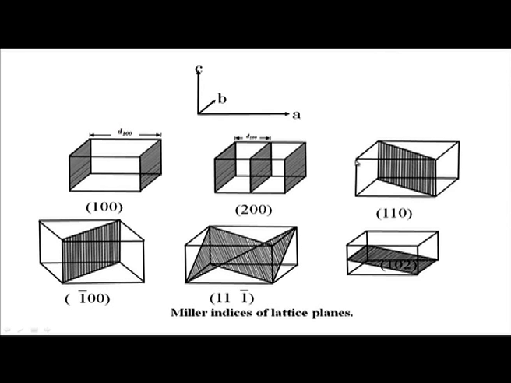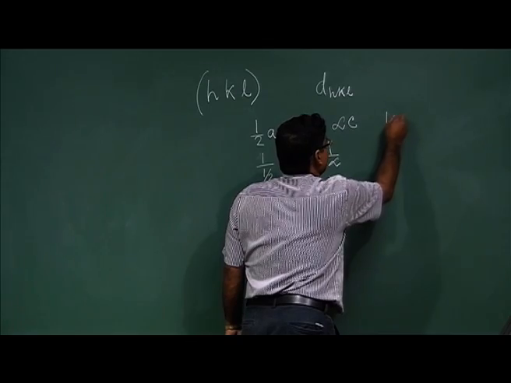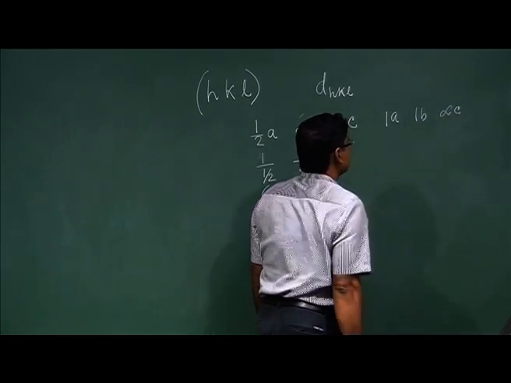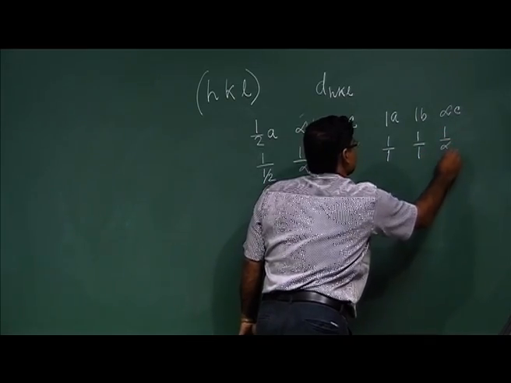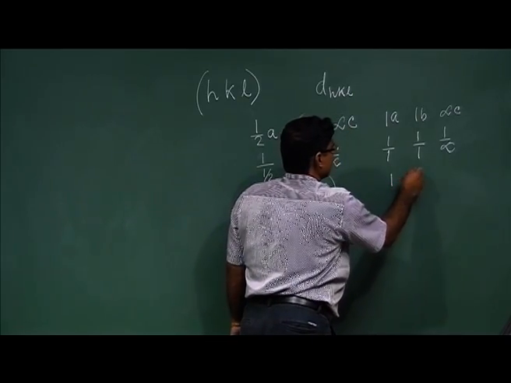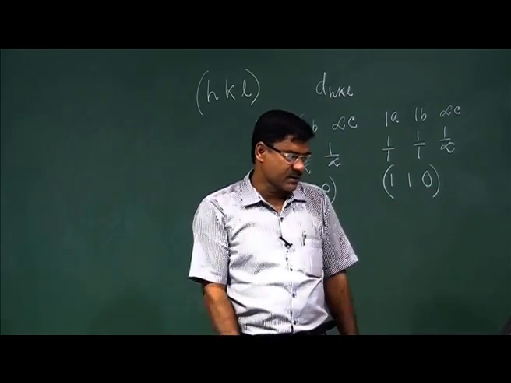This plane does not cut c, so it is parallel to c, and it intersects at infinity. So, it intersects at 1a, 1b, and infinity c. Take the reciprocal of this and simplify it. So, it will be (1 1 0). Okay. So, this is the (1 1 0) plane.